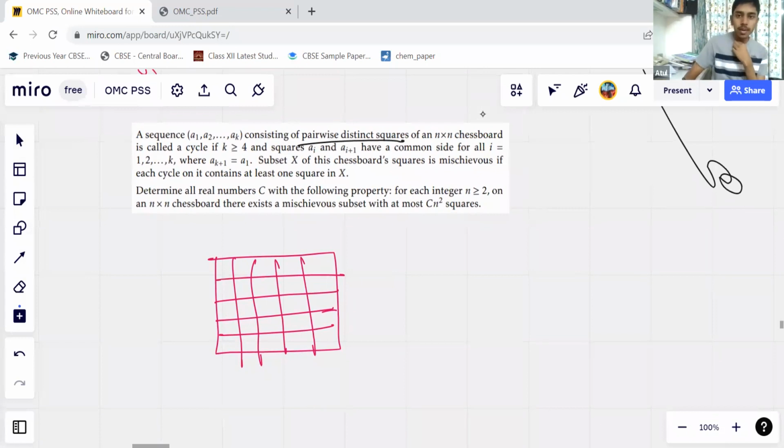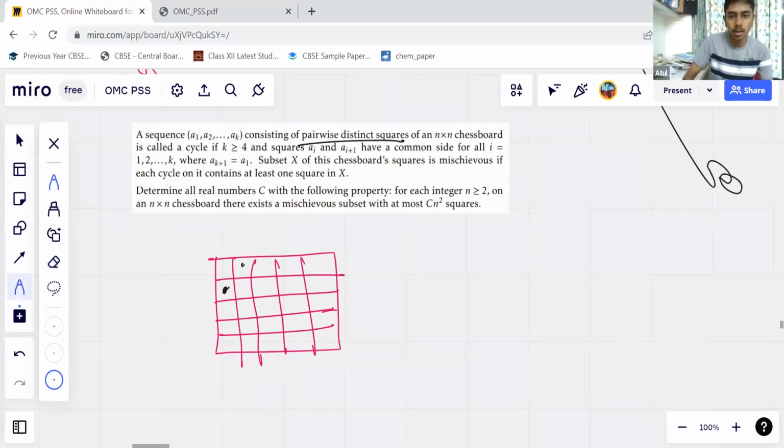And we call a subset of these squares mischievous if every cycle contains at least one square from X. Okay, so for example, coloring like a normal chessboard coloring would ensure that there are no cycles that cannot contain anything from it. Because any square you're on, the next one you go to will form a cycle.